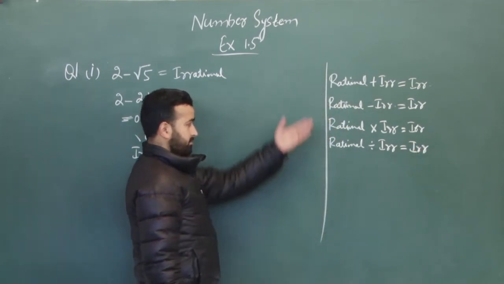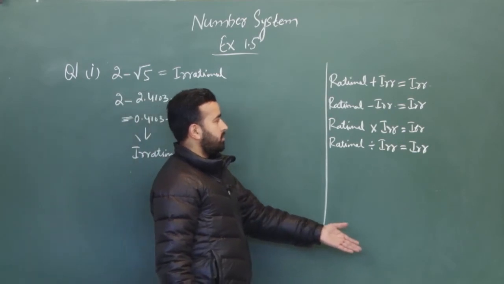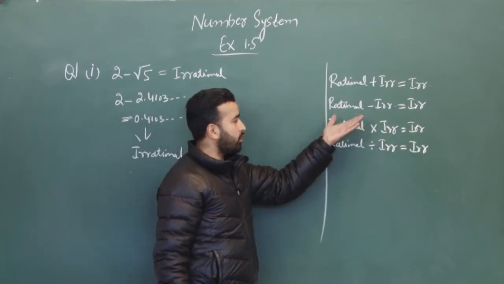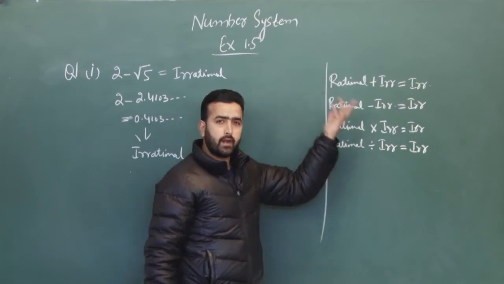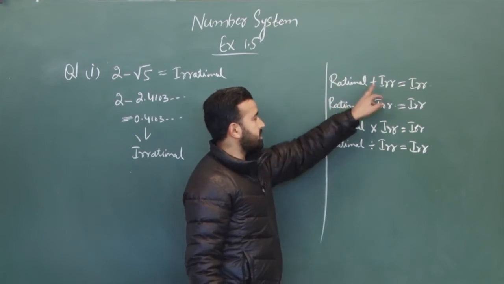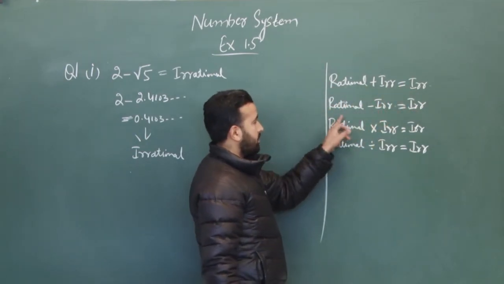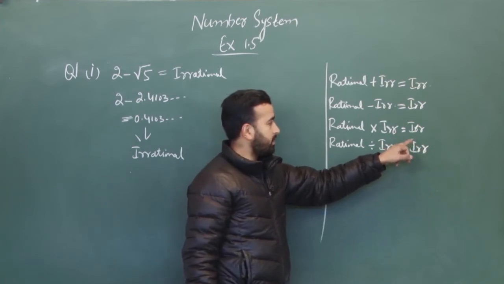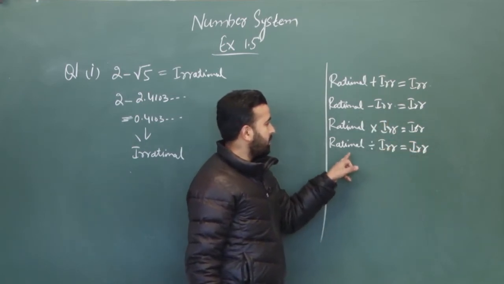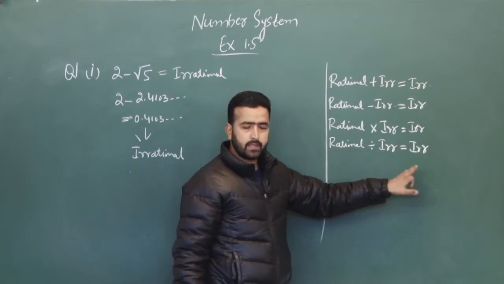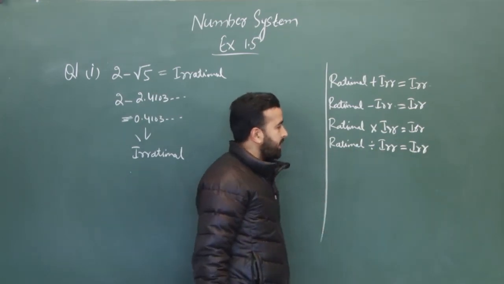So, just to remember the idea, you can take numerical examples and try on your own as well, whether this is always true or not. You will find rational plus irrational is irrational, rational minus irrational is irrational, rational multiplied by irrational is always irrational. And if we take the quotient, that is the division operation, rational divided by the irrational number will always be an irrational number.